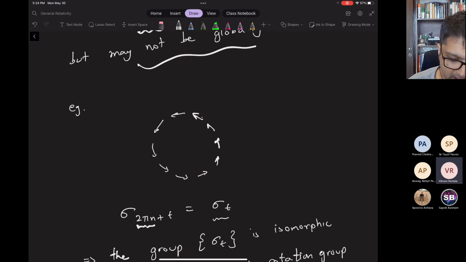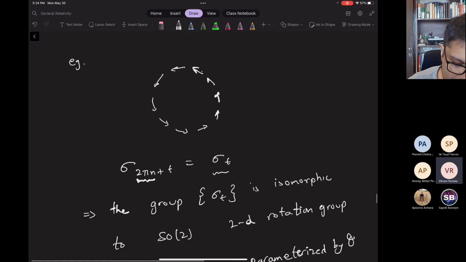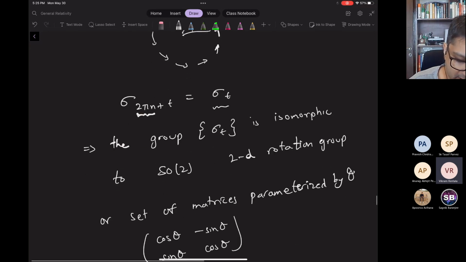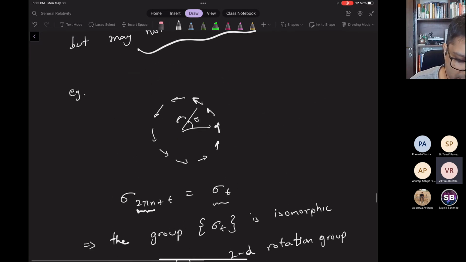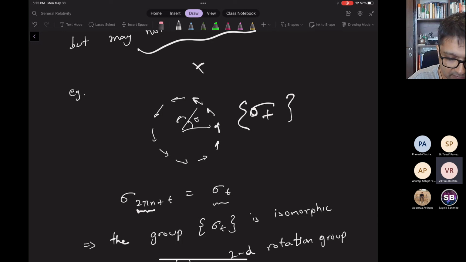So the group sigma t is in fact isomorphic to just specifying an angle theta, which means it's isomorphic to the group of 2D rotations, SO2, the set of matrices parameterized by theta. This set of matrices is in one-to-one map with the set sigma t of flows defined by that vector field x which we had written down.